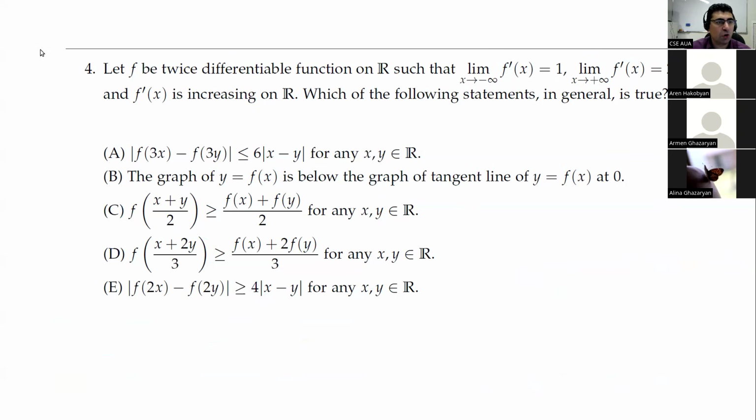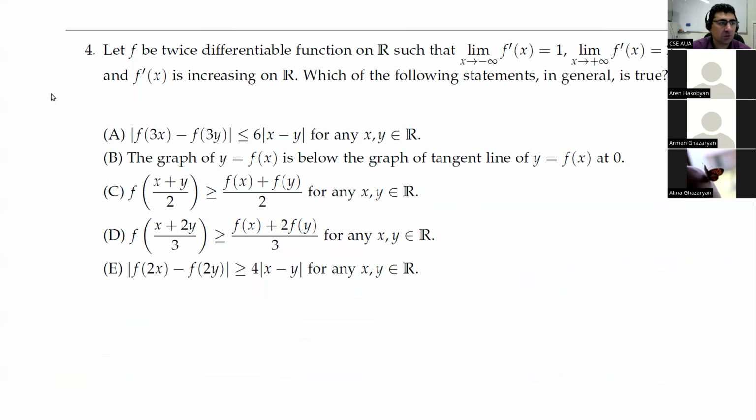If we have a concave up function, do you agree that the tangent line is always... I'm trying to draw a line here. Here we go. This is the tangent line. And the graph of our function is above the graph of the tangent line, not below.